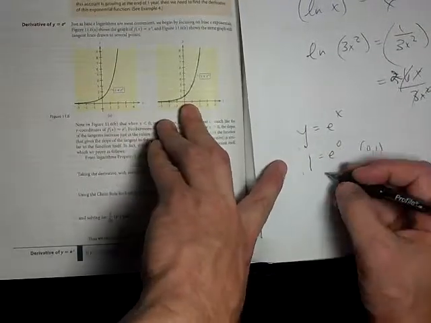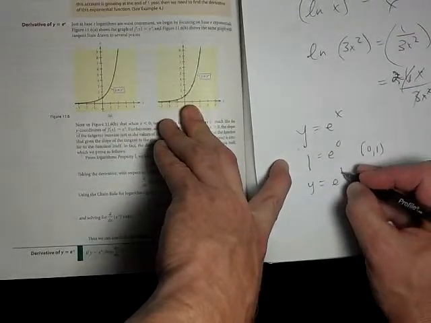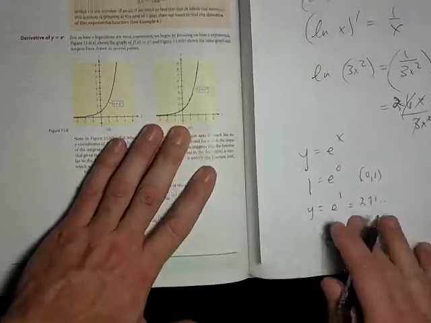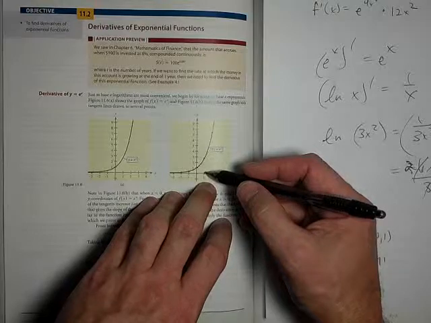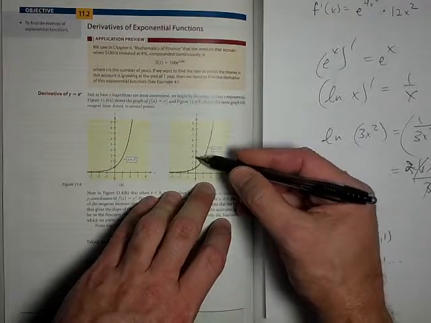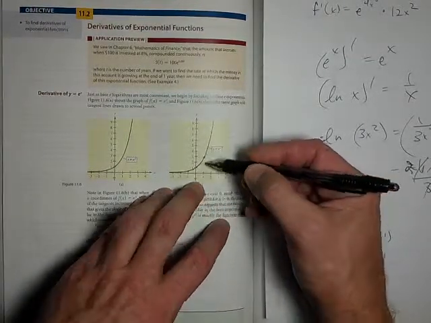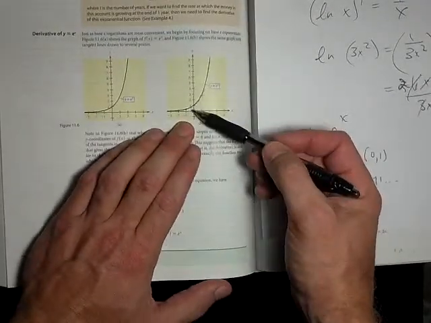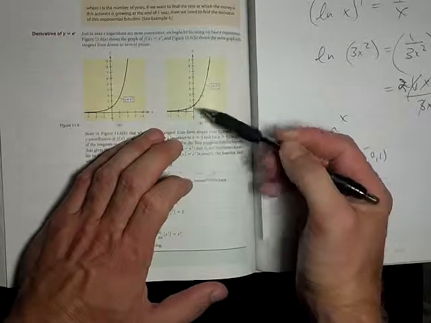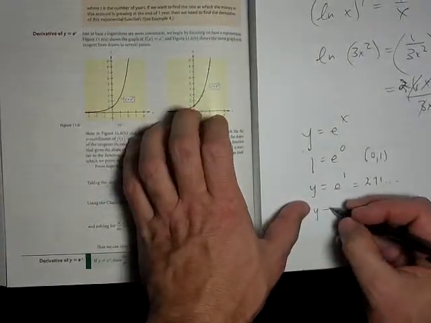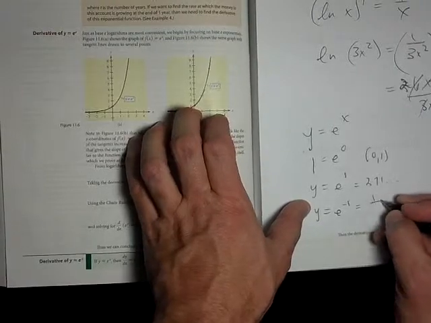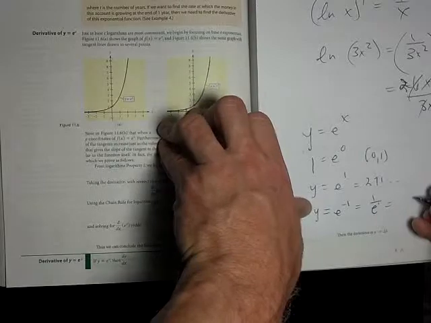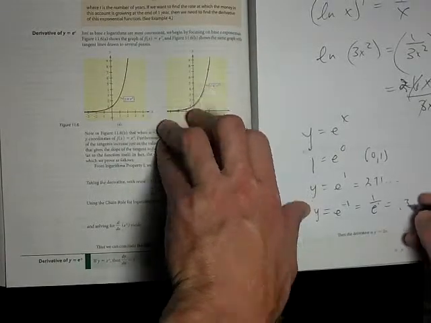If we go to 1, y is equal to e to the 1, that's 2.7 something. But notice also when we go negative, e to a negative number is never negative. If we have y equals e to the minus 1, that's 1 over e to the 1, and that's going to be like 0.3 something.